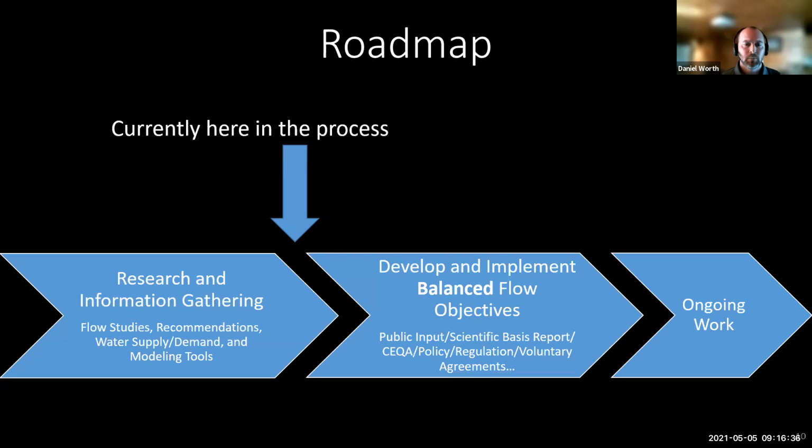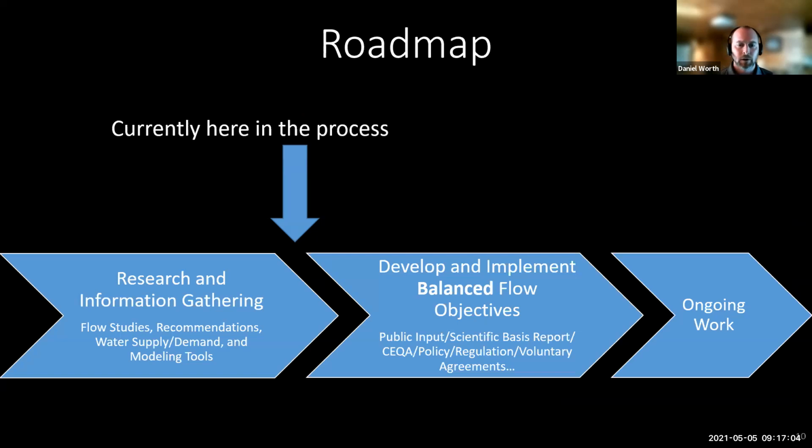This slide shows the big picture roadmap of our process to develop and implement flow objectives. The process starts with research and information gathering, including flow studies and recommendations, researching water supply and water demand, and developing groundwater surface water hydrologic models. This also involves a process to balance the various beneficial uses of water, including many opportunities for public input along the way.